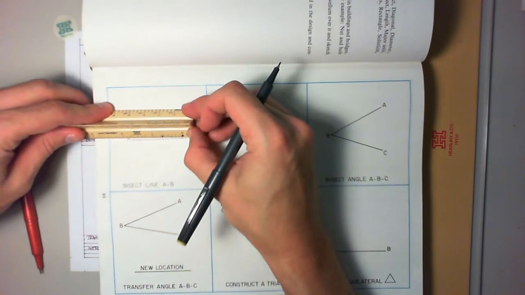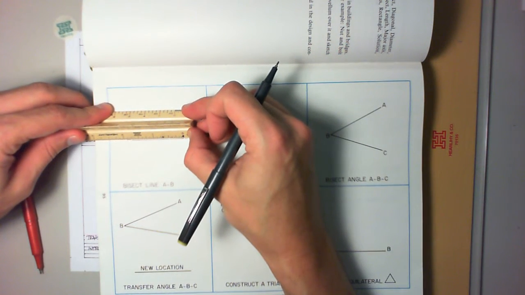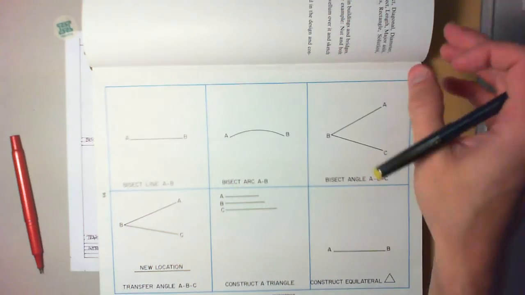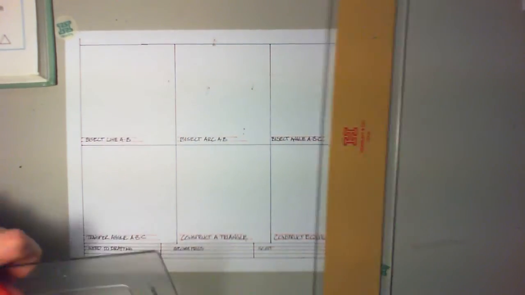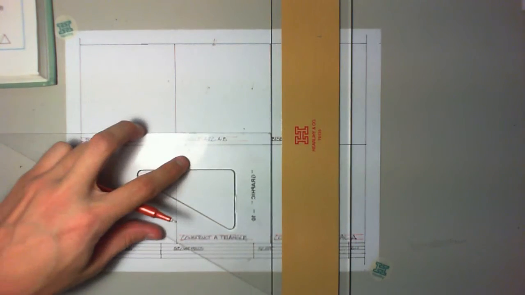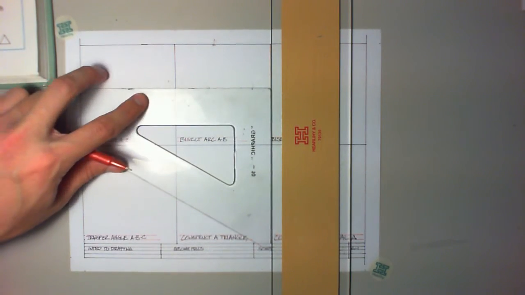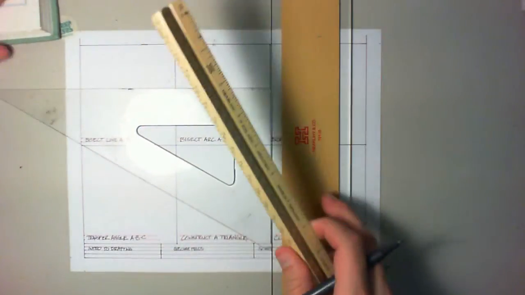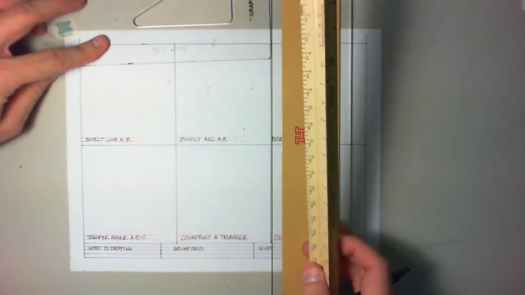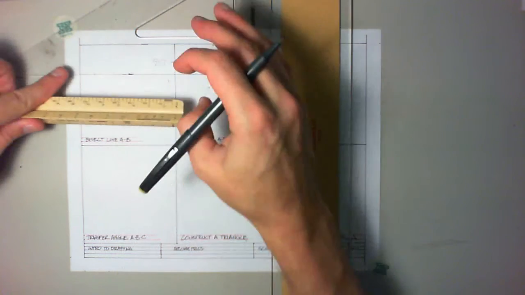So this line is 1 3/4 inches long. So I'm just going to set my T-square up with my triangle. I'm going to make a line that is 1 3/4 inches long. Sort of where it looked like it was in the book.